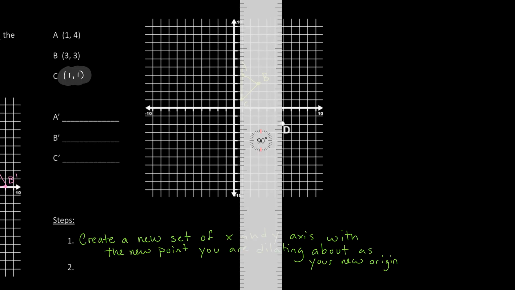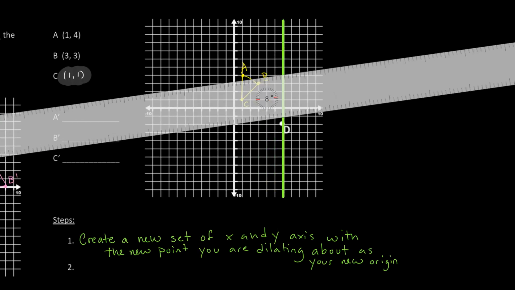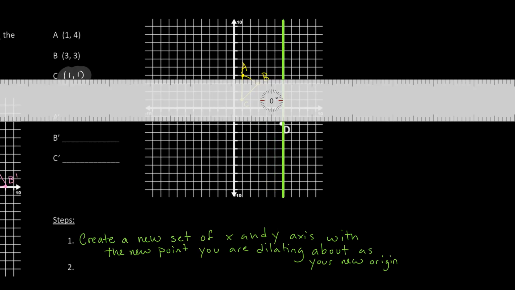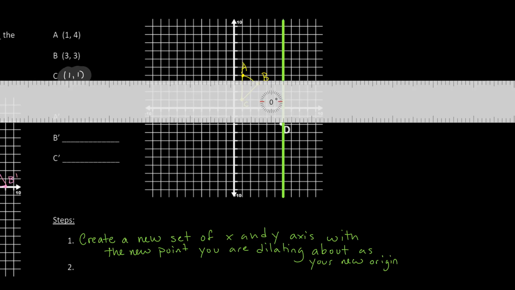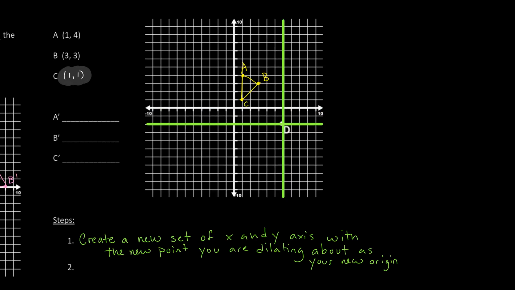Oh, do you have to highlight? I would highlight. I just can't because I'm writing on a black surface, so it's hard for me to highlight, so I'm just using a marker. But you guys should highlight a new y-axis and a new x-axis centered at point D. Oh, all the way around. That's our first step.